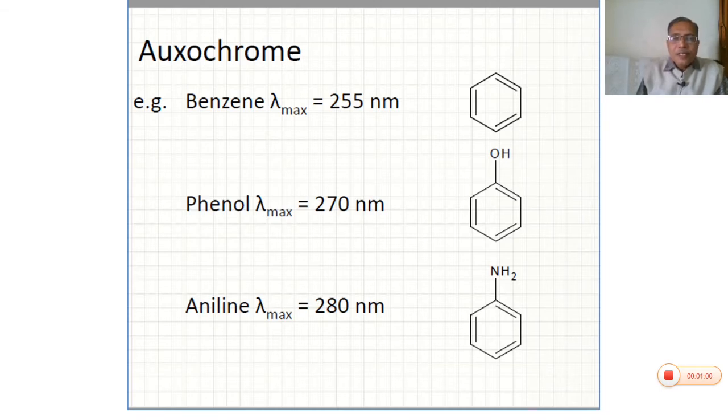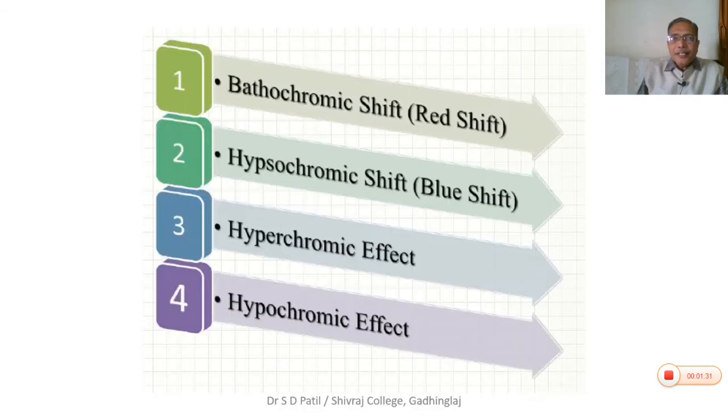When it has the substituent OH and becomes phenol, phenol shows absorption at 270 nanometers, and when one hydrogen is replaced by NH2, it becomes aniline, which shows absorption at 280 nanometers. This means there is a change in absorption, a change in lambda max, and a change in intensity also. This shifting is because of the presence of the groups OH and NH2.